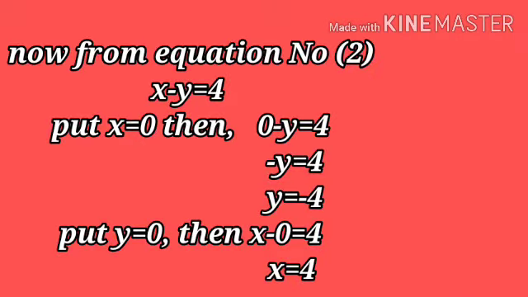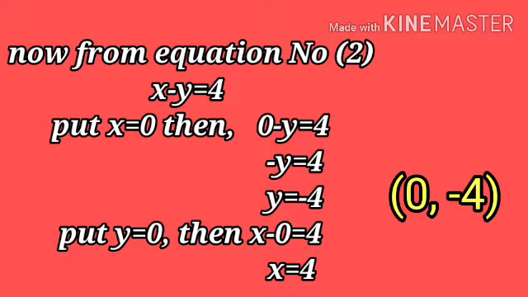Now from equation number 2, x minus y equal to 4. First put x equal to 0, then 0 minus y equal to 4, or minus y equal to 4. The minus sign transfers to the right side, so y is equal to minus 4. So our first point is (0, -4). Now put y equal to 0, so in place of y write 0, then x minus 0 equal to 4, or x equal to 4.